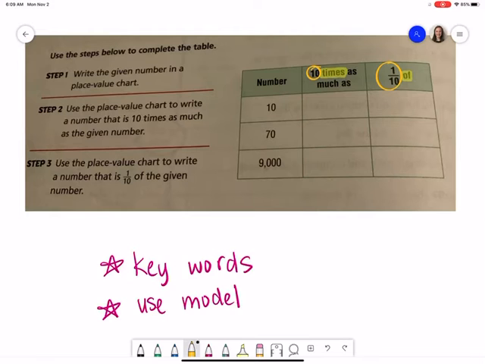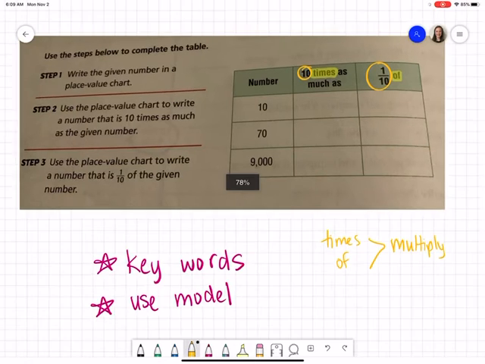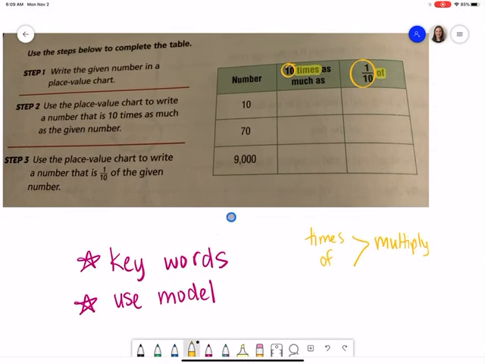Well, times and of are both keywords because they both mean multiply. Okay, so when you see of, that's a keyword that lets us know that we're going to multiply, and times is a keyword that lets us know that we're going to multiply. Okay, so that's another way to think of this.